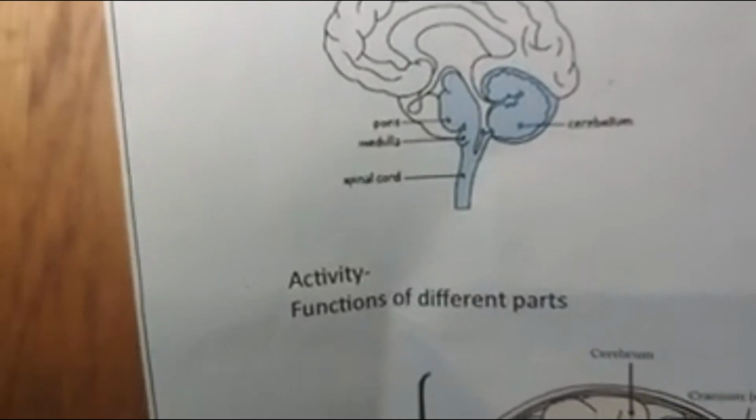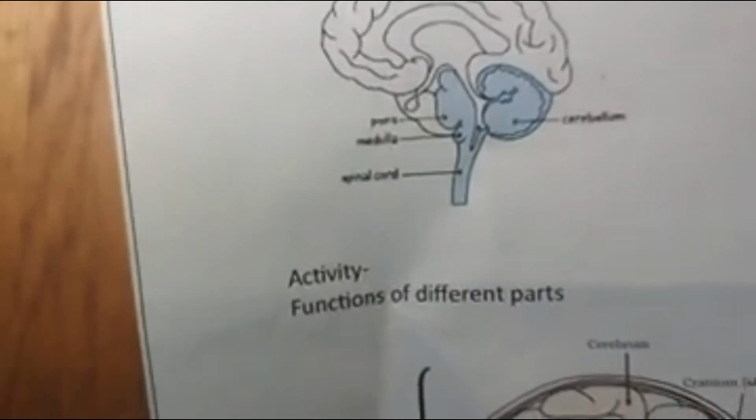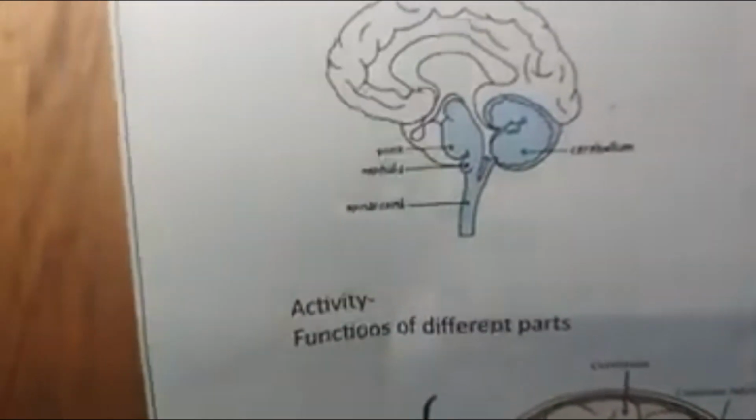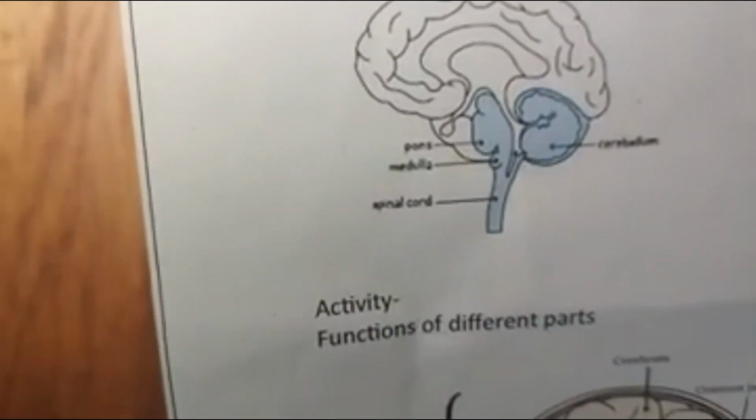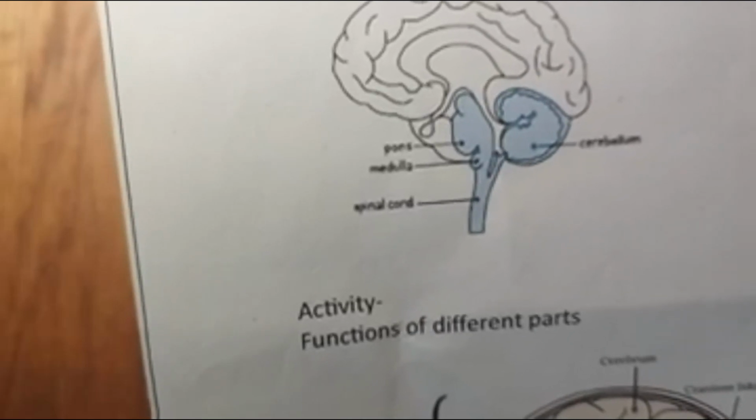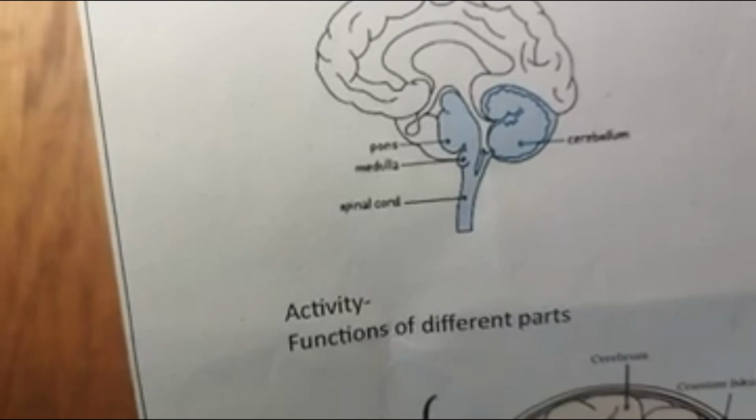Now let's have a look at different functions, different activities. Our mouth waters when we see food. Our heart beats without us thinking of it, and we have no conscious control over the heartbeat just by thinking about it.